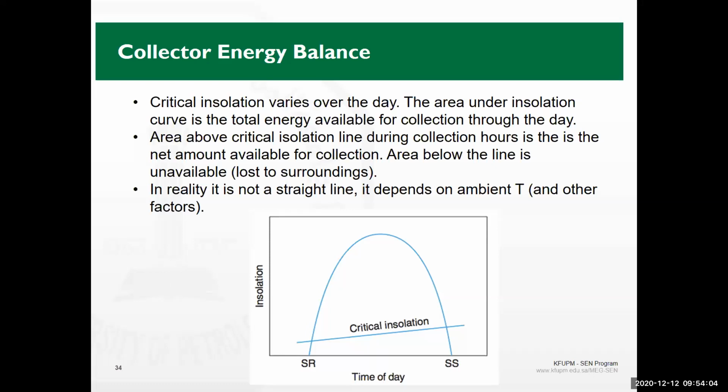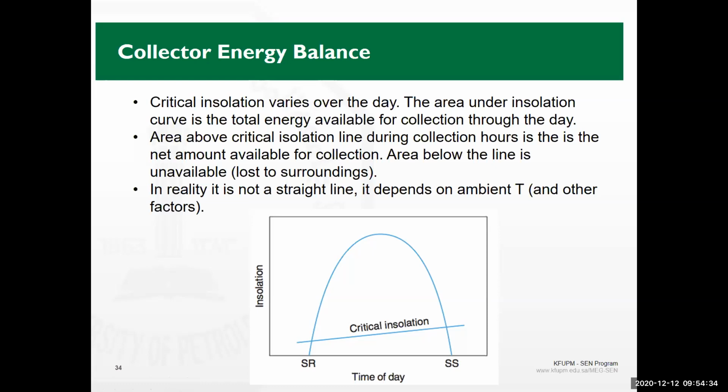What is available is the amount available for collection, which means that this is the solar energy that we can make use of, and this is the quantity that is being lost, which you cannot use. Accordingly, a figure like that for a certain collector will tell you how much you can make use of in terms of energy falling from the sun.